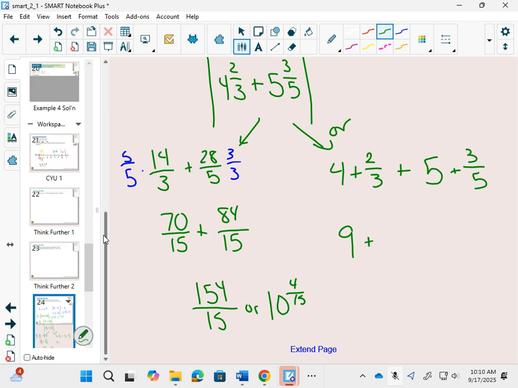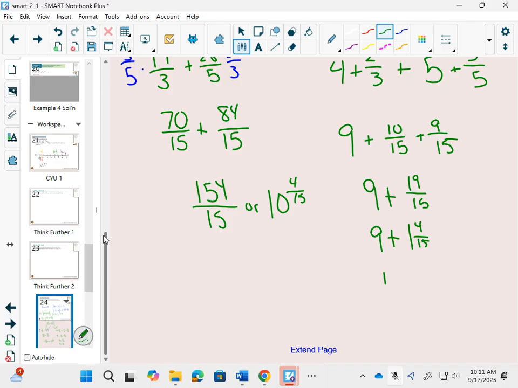Can you see that 2/3 is 10 over 15? And 3/5 is 9 over 15. So I would have 9 plus 19 over 15, which is 9 plus 1 and 4/15. And the 9 plus 1, that makes 10.